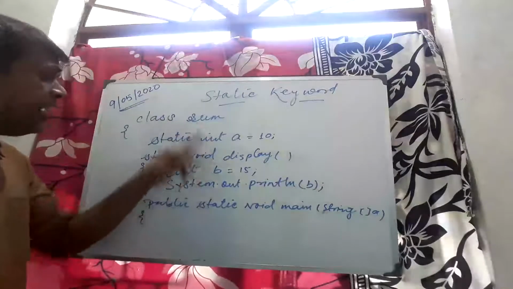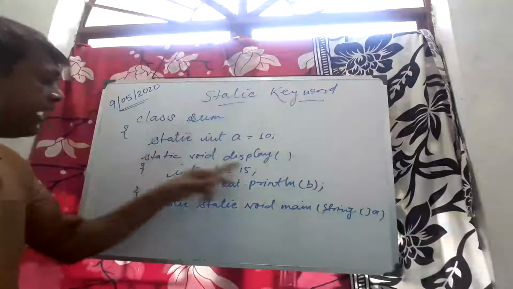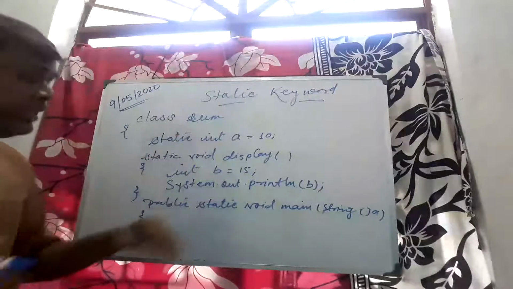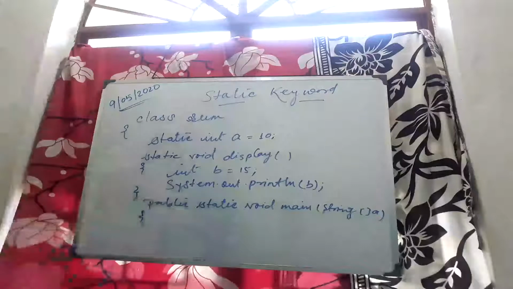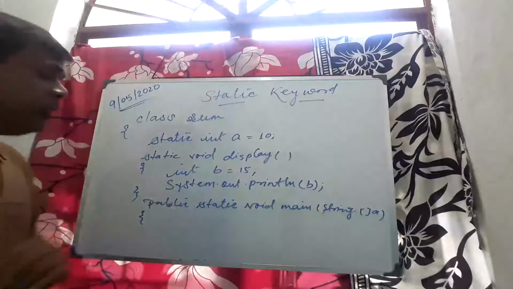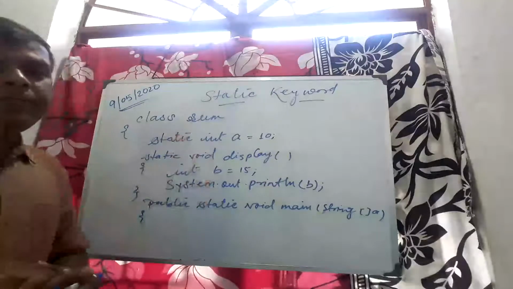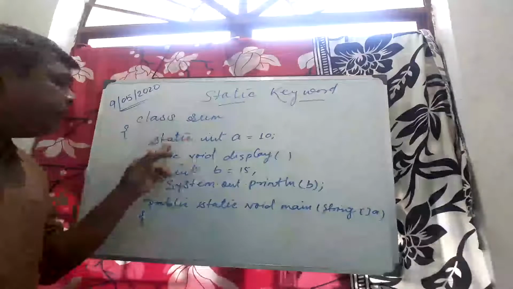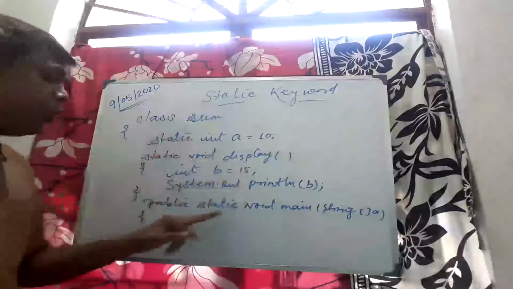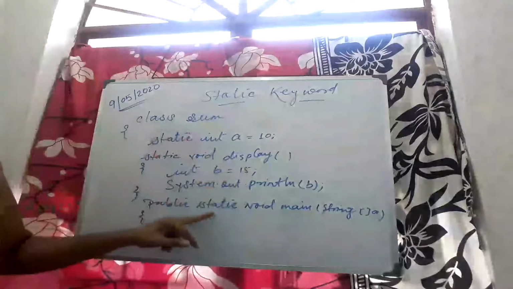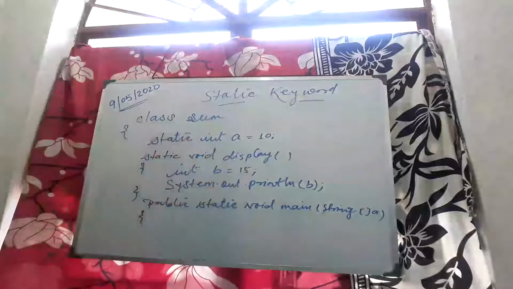So these are the static elements, a static variable and a static method. So this can be used directly in the method. We do not need to create any object to use this variable or the method, because this is a static variable and this is a static method. So a static method will always use the static element.